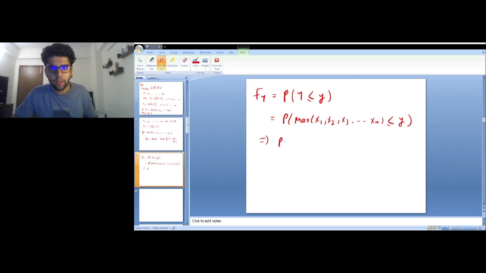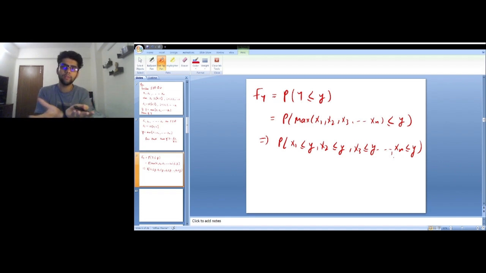Therefore I can say that x1 is less than or equal to y, x2 is less than or equal to y, x3 is less than or equal to y, and so on, xn is less than or equal to y.